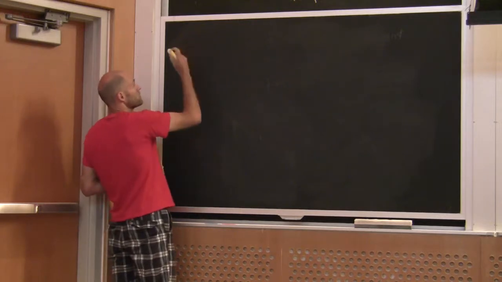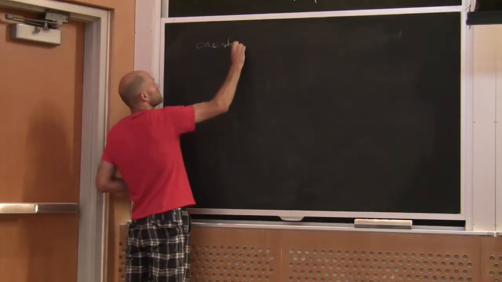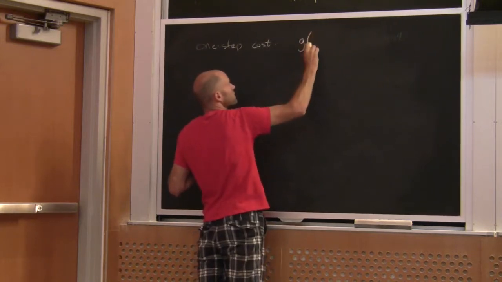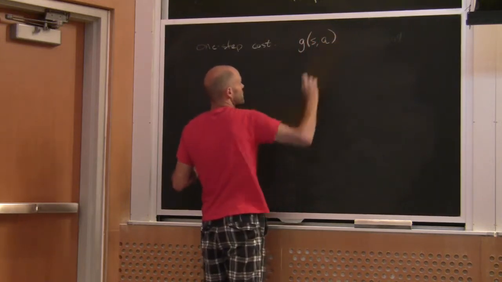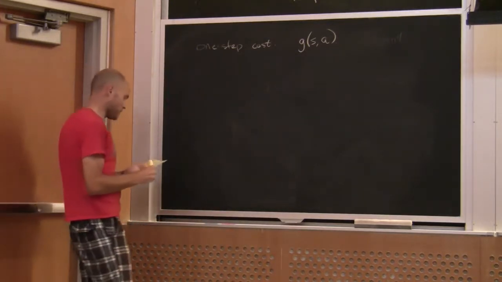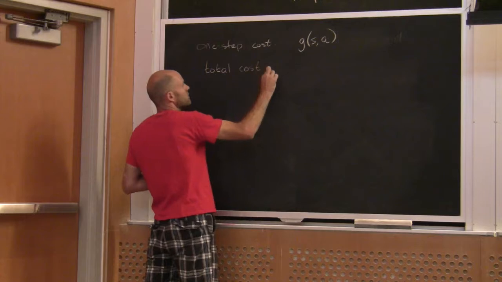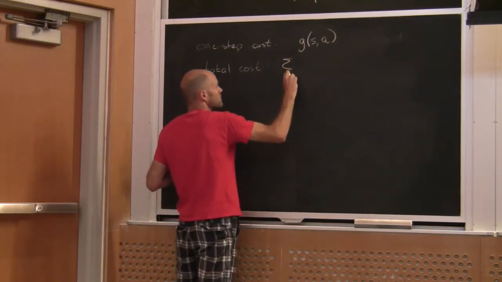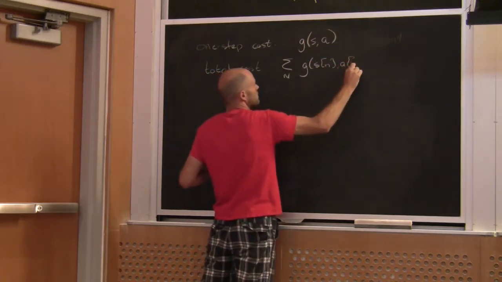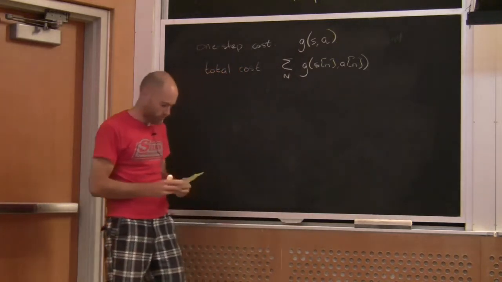So the weights are going to be, in our view, a one-step cost, which I'll say is the cost of being in state S taking action A. And I'll say the score for any particular trajectory is my total cost. I'll just accumulate the one-step costs.